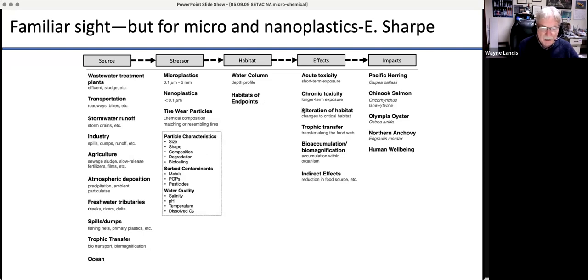The effects can be acute, chronic, typical kinds of things you see in environmental toxicology, both at an organismal, community, and system scale, and the kinds of things that are being managed, for example specific herring, oysters, anchovy, also human well-being, both for human health, but also the exploitation or use of that resource.